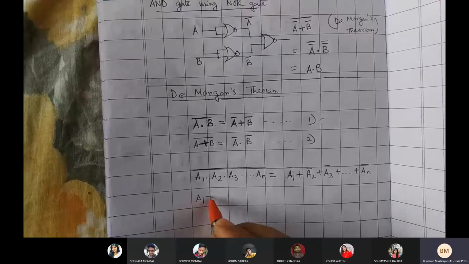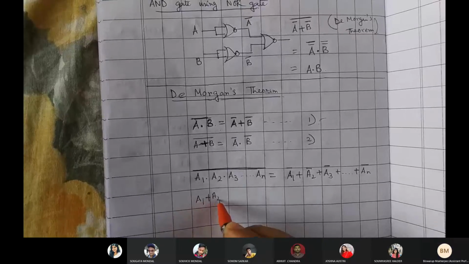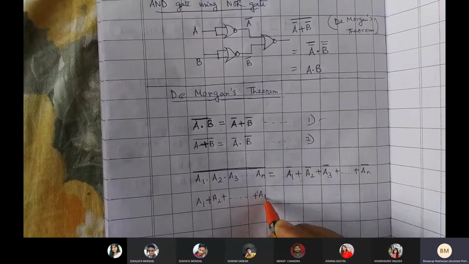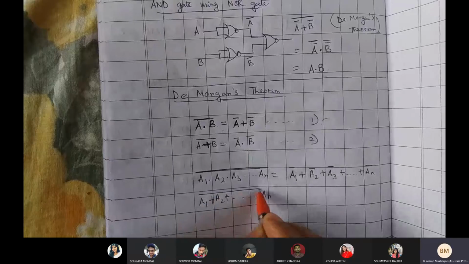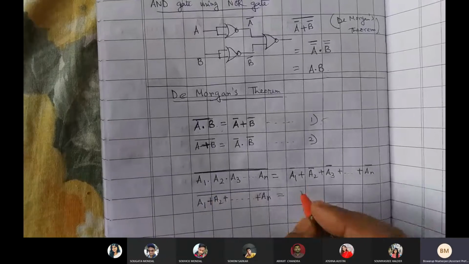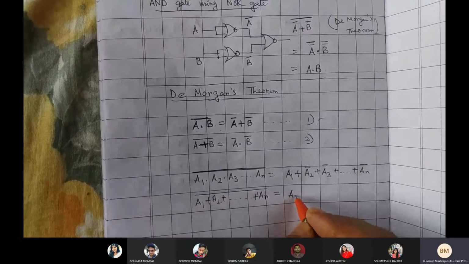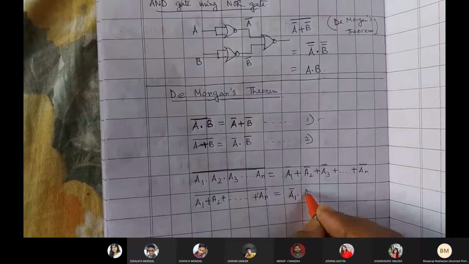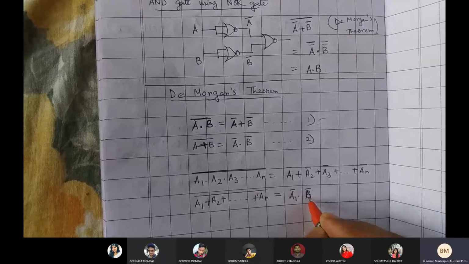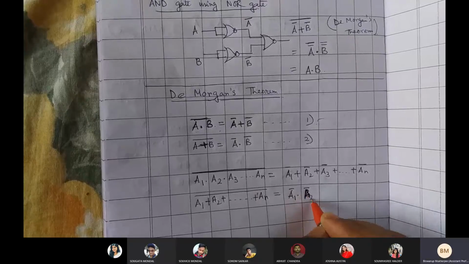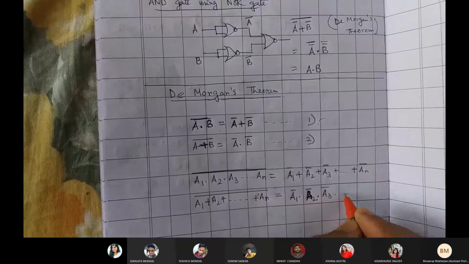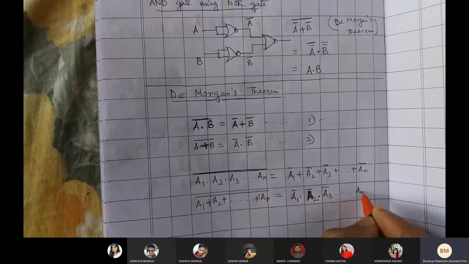Likewise, (A1 plus A2 plus ... plus AN) whole complement is equal to the individual complements ANDed: A1 complement dot A2 complement dot A3 complement dot dot dot AN complement.